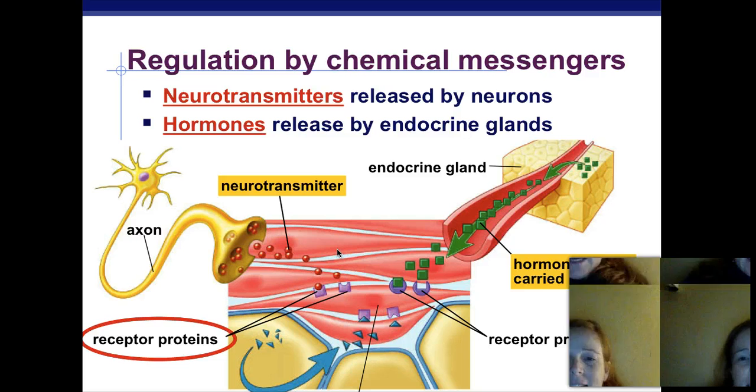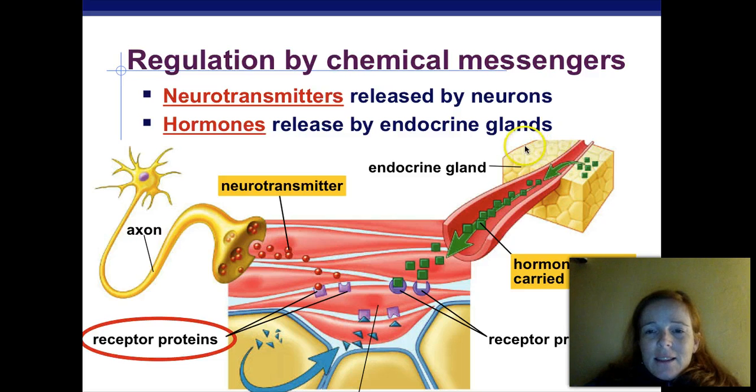And the endocrine gland, here you can see these are not ducts, these are glandular tissue dropping off the hormones being carried by the blood right into the tissue, into the receptor proteins, into the target cells to have this long-lasting response.